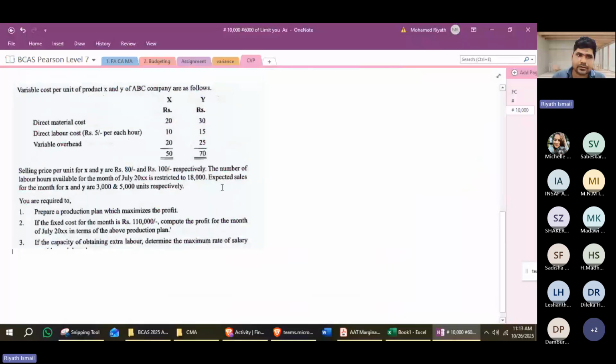First step, we have to find out the contribution: selling price minus variable cost.